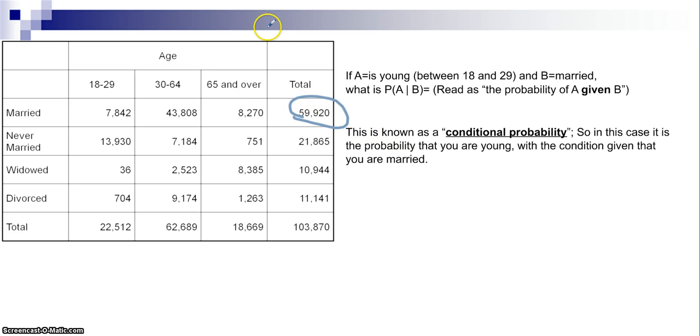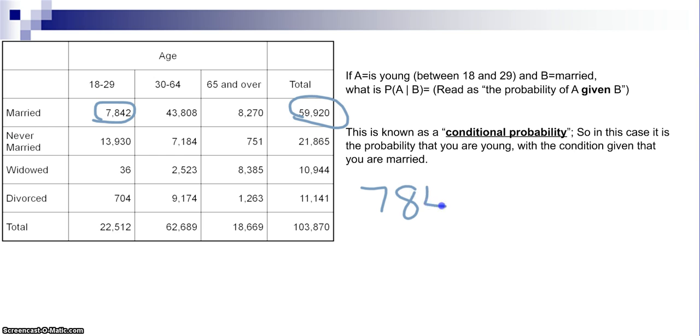Okay, given something, we are narrowing down the parameters. We're not looking at the whole group, we're looking at this subset of married people. So given that, what is the probability that I am young? So our fraction is now 7,842 over the 59,920, not over the total amount, because this total amount includes never married people, widowed people, and divorced people.